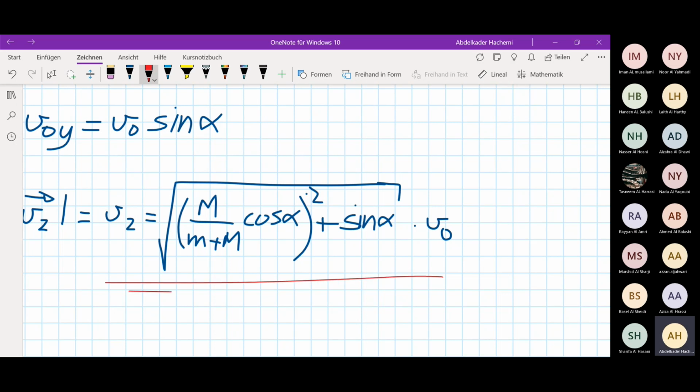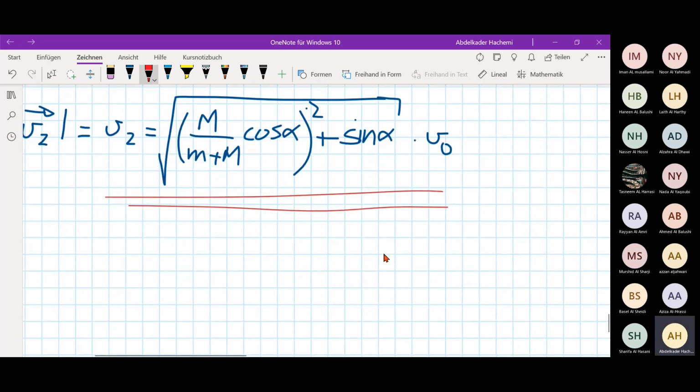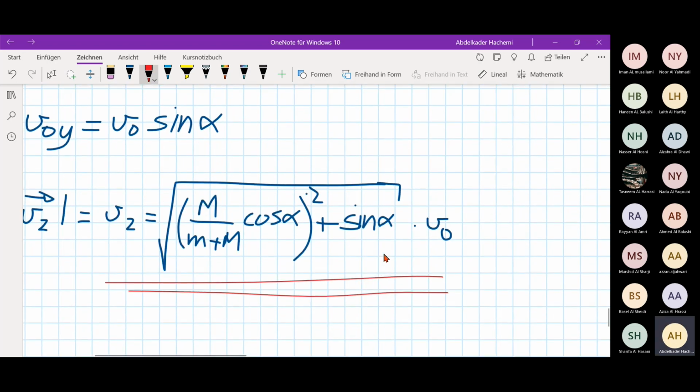This is the expression of the velocity V2.